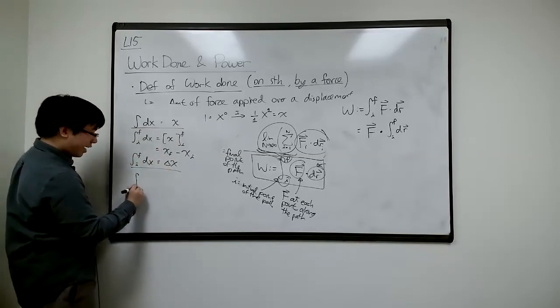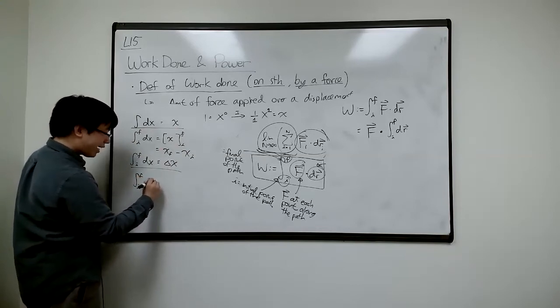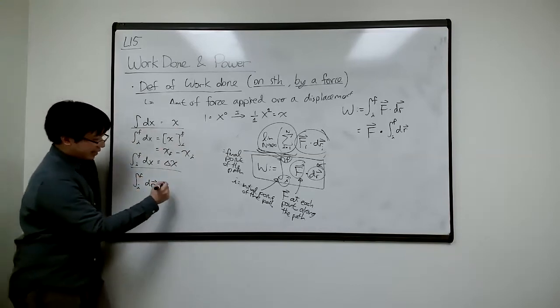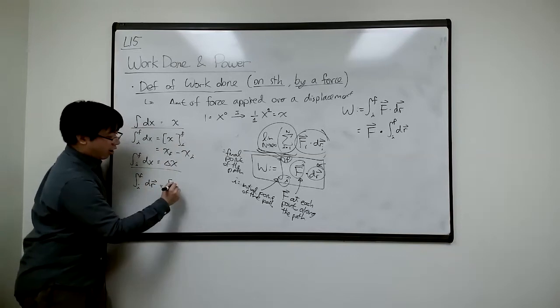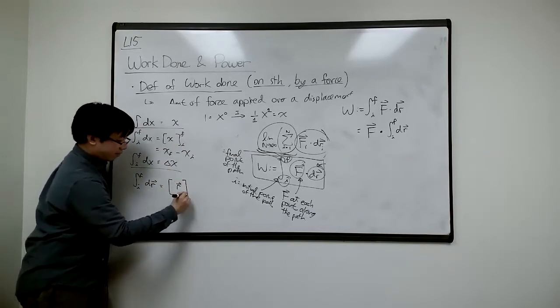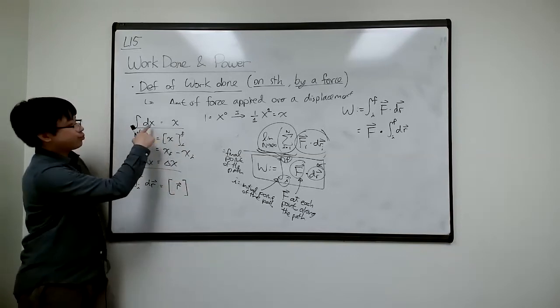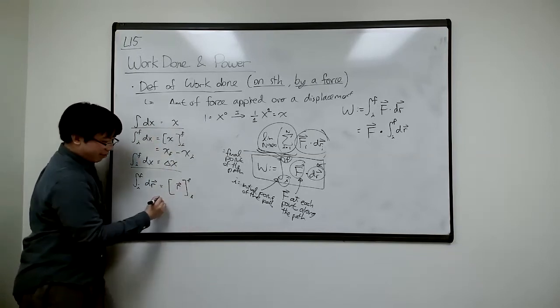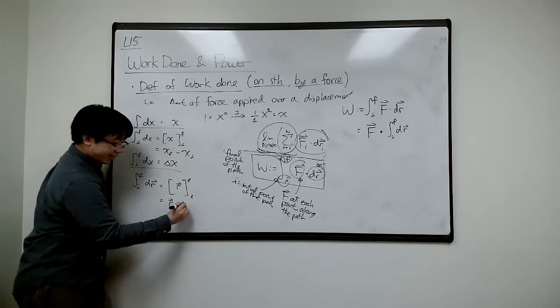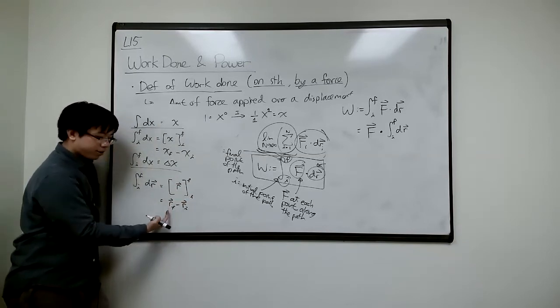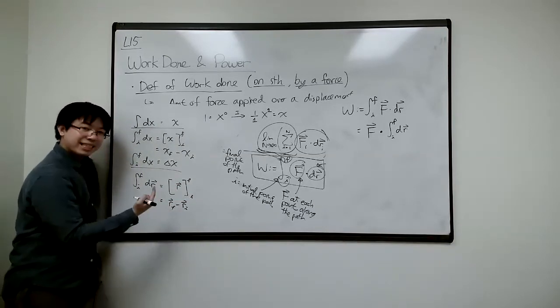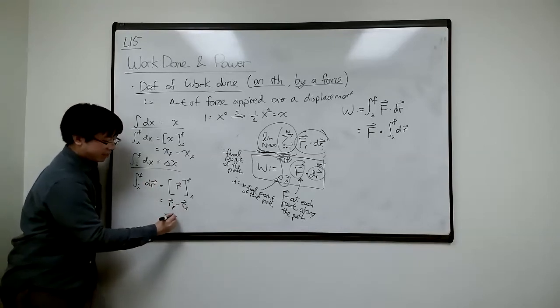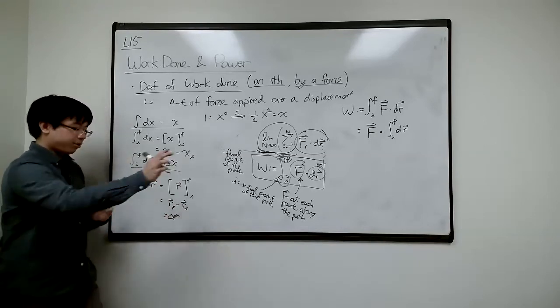So this is the same thing if I put dr vector. Integrating dr is going to be r. It's just replacing x with r, but you need to put initial and final. So it's r final minus r initial. The final position vector minus the initial position vector, that's the displacement vector, the change in position.